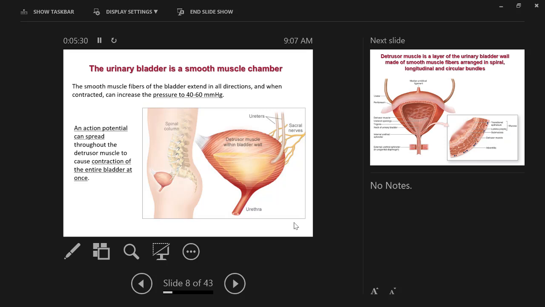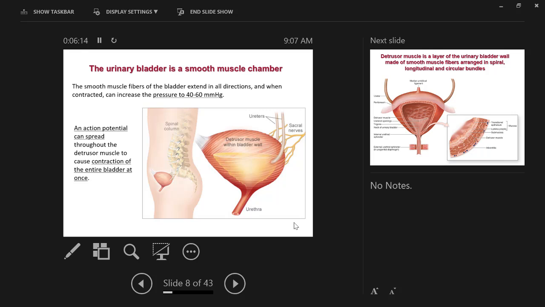The bladder is wrapped by strong muscle layers called the detrusor muscle. An action potential can spread through the detrusor muscle to cause contraction of the entire bladder at once, and the pressure inside can reach 40 to 60. If you remember, the pressure the heart can generate is around 120, right?